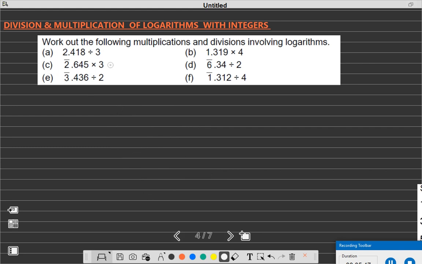Now part C, we have 2 bar, that is minus 2.645 multiplied by 3. So what we'll do now, I'm going to separate this log number into 2 parts. The characteristic, that is 2 bar, then plus the mantissa 0.645.